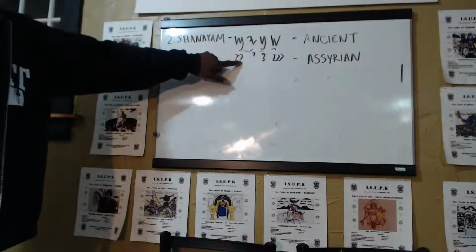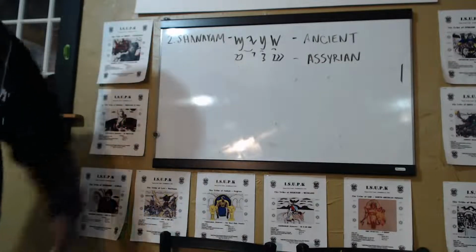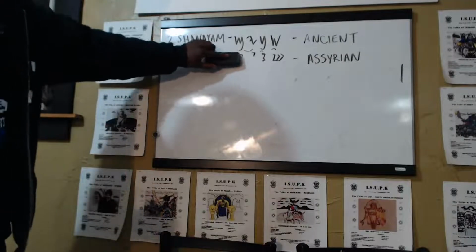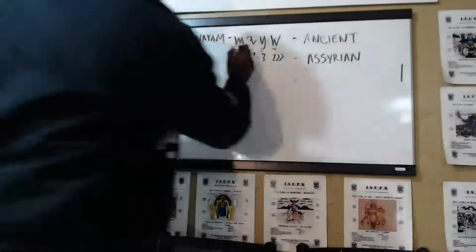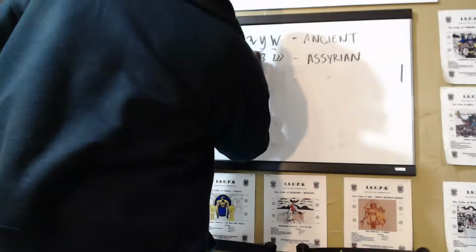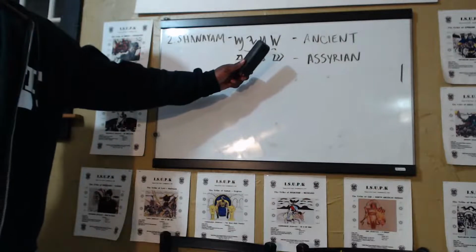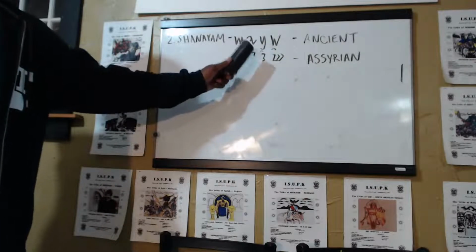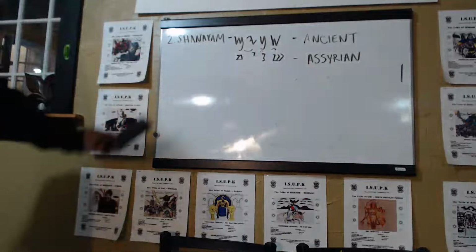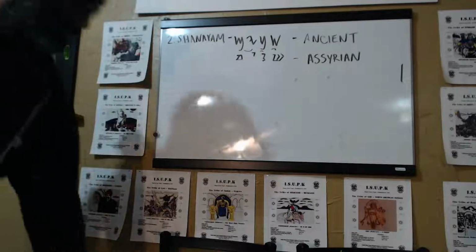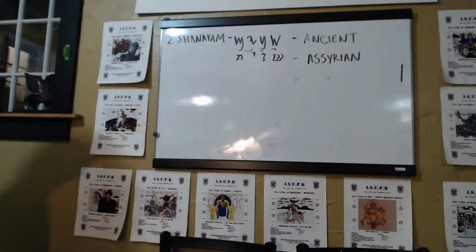Normally you would write it like this. But since it's at the end, it looks just slightly, a little bit boxier. All right. Sh, na, ya, ma. Shanayim. That's how you say two.